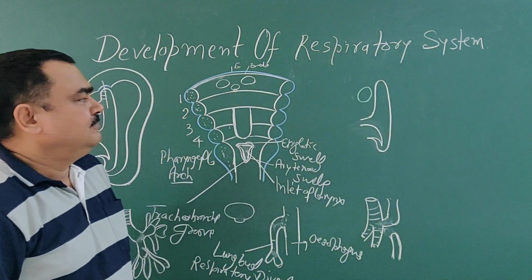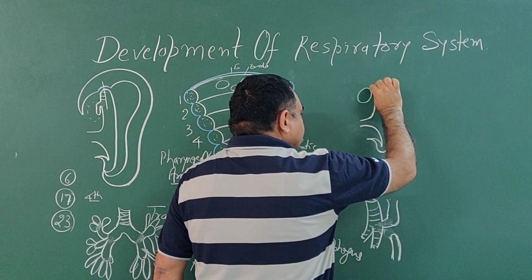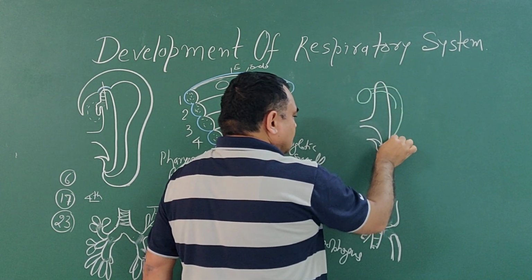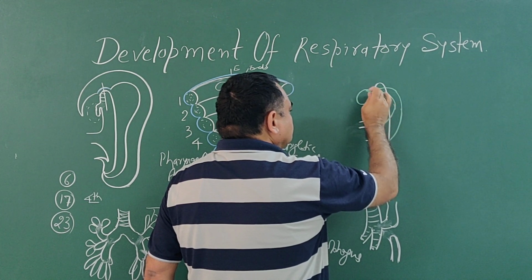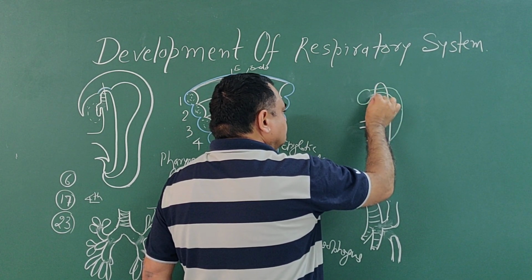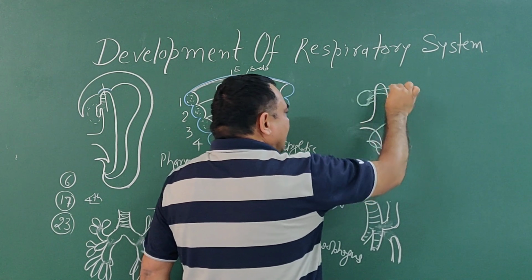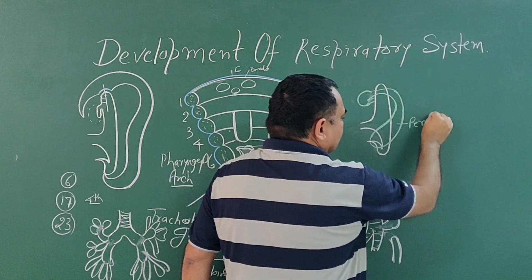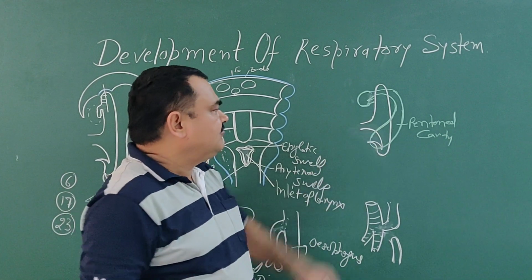This is the pericardial cavity. After lateral folding of the embryo, the peritoneal cavity is formed.